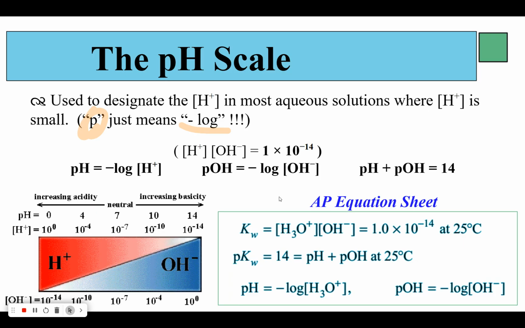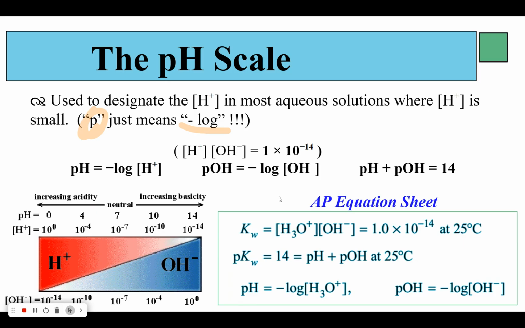Just, oh, it's the P this, the P that. It means negative log this or negative log that. So pH scale just means we took the log of things. Negative made them positive numbers generally instead of negative. So it's just to make a nice, neat scale with normal-ish numbers to talk about how acidic or basic something is.